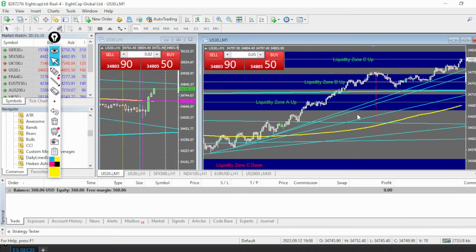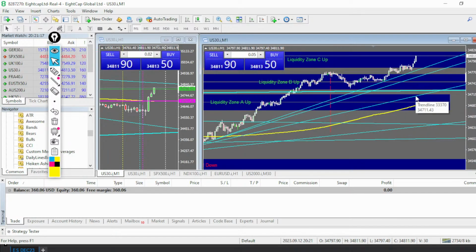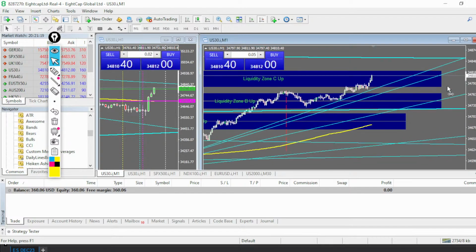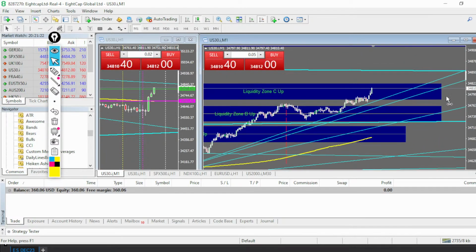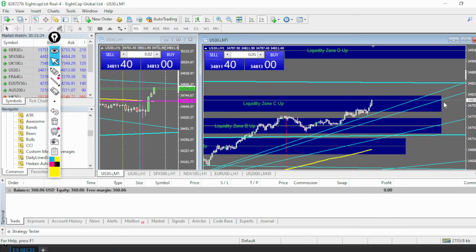So we have this one, we have these two. Looks like price really wants to go. Let's see.